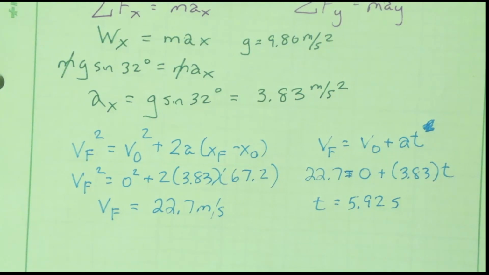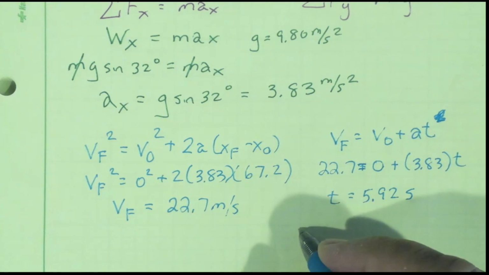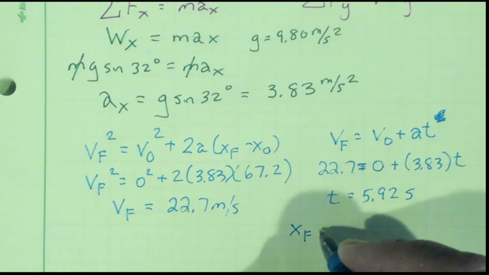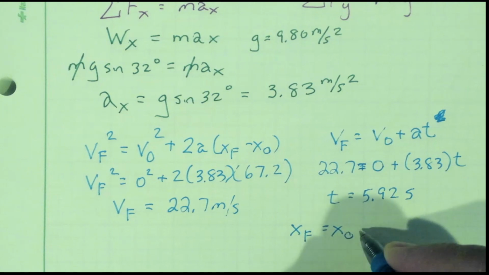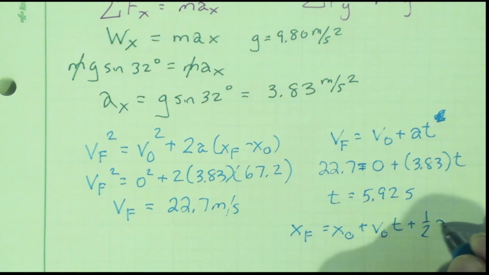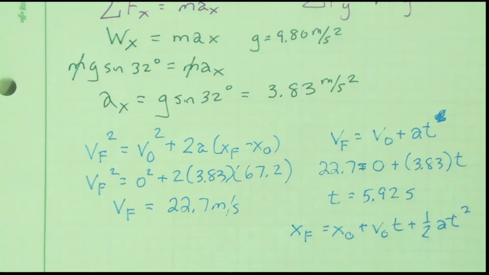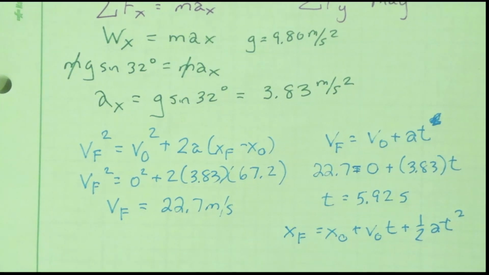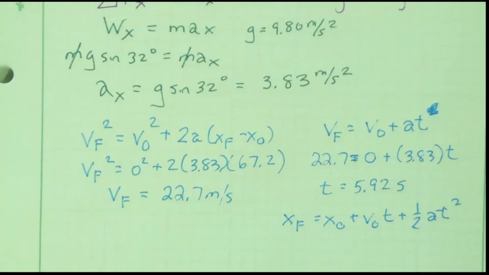Now I encourage you to go through these equations on your own. Make sure you can reproduce these results. And it's also an interesting exercise to try the other kinematics equation, this one right here, to see if you can get the same result for the time to go down the slope, 5.92 seconds, using this kinematics equation right here.